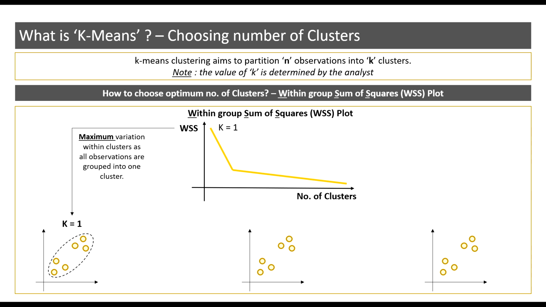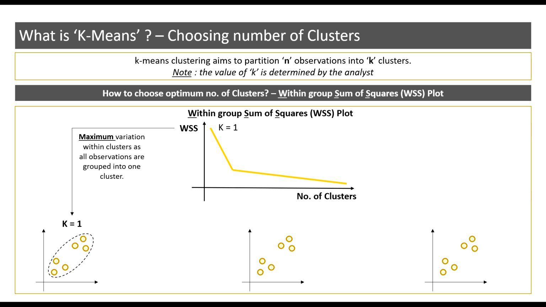It is obvious that the minimum number of clusters or groups is when k is equal to 1. That is, when we group all these 6 observations into one big cluster. Now, empirically speaking, we can see that some of these observations are far away from each other. Hence, the variation within this particular cluster is likely to be extremely huge.